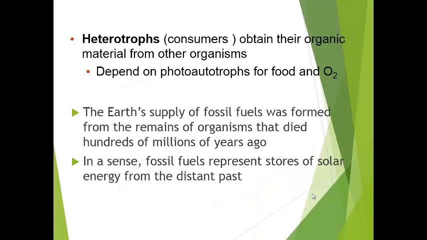Heterotrophs are consumers. They have to eat other organisms in order to obtain energy. When a heterotroph or a consumer eats another organism, what they are really consuming is the chemical energy produced during the process of photosynthesis.